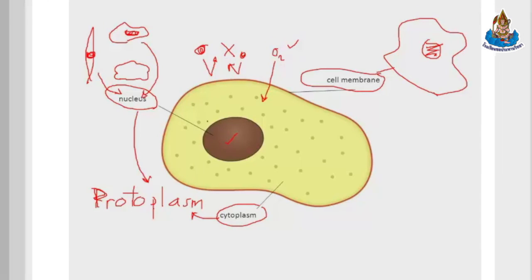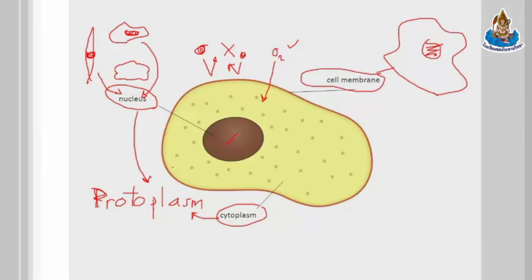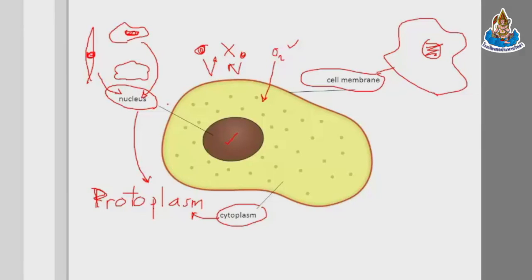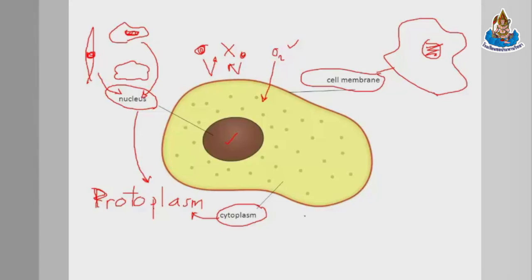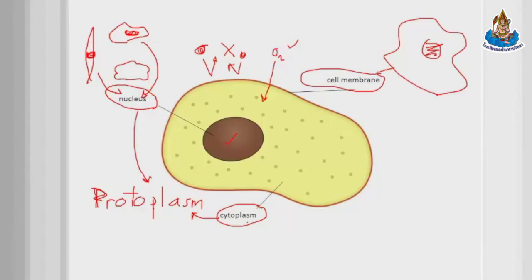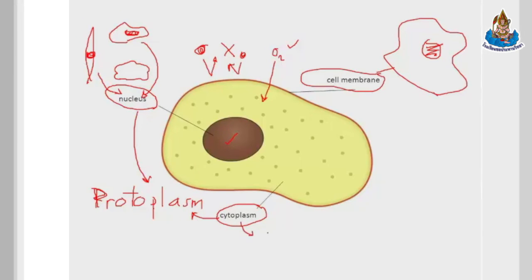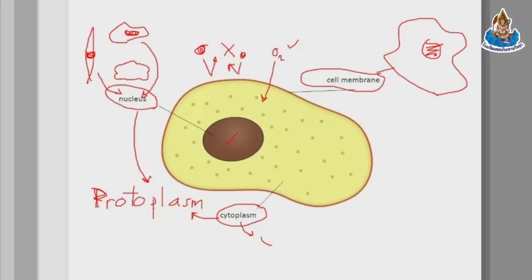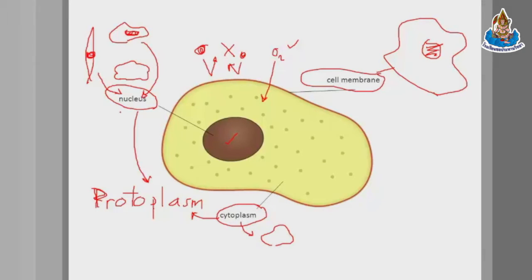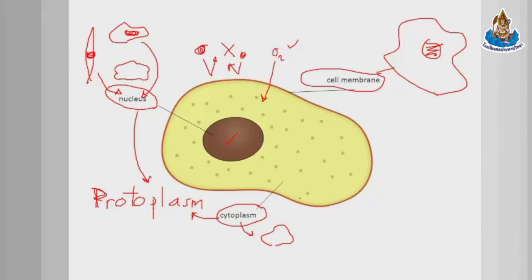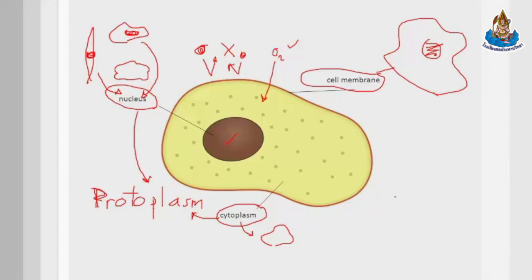It is the jelly-like substance of the cell. So, if you want to draw a simple cell, you just draw something like this and have a nucleus like this. Now you've got your own cell.